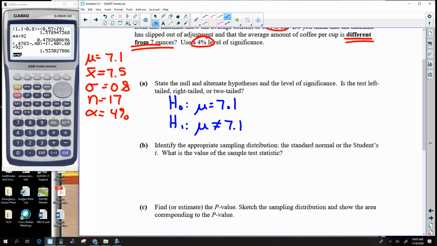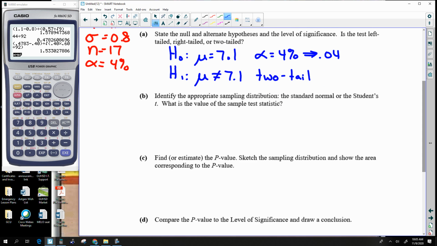Is it different than 7.1? This has an alpha of 4%, and this is a two-tail. All right, because this is a sigma, this is going to be a standard normal.